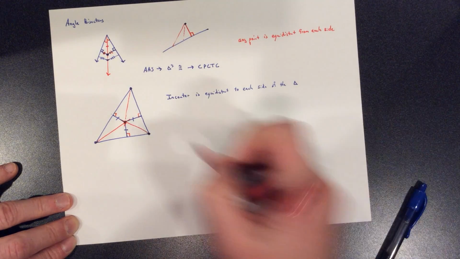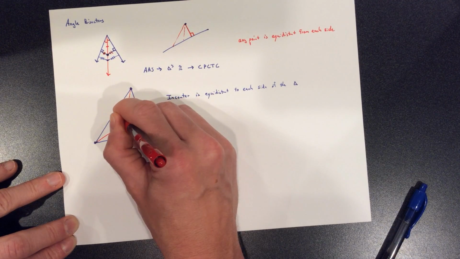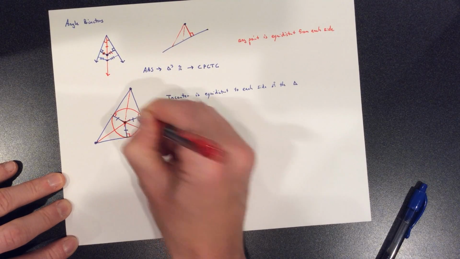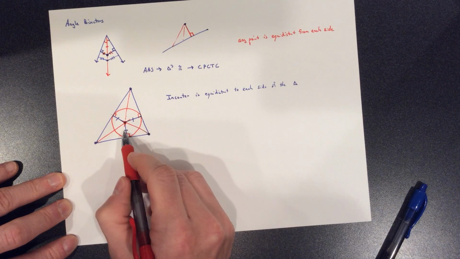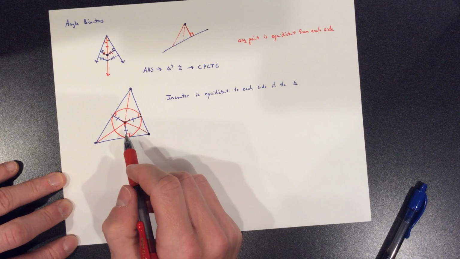And if you think about it, it actually makes a circle inside, inscribed. Ooh, that was a pretty good circle for me. Inside the triangle, that distance is the radius of that circle. The triangle circumscribes the circle.